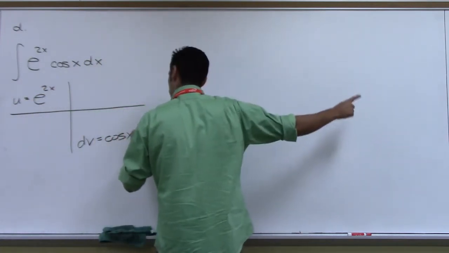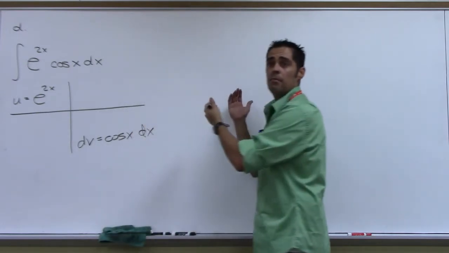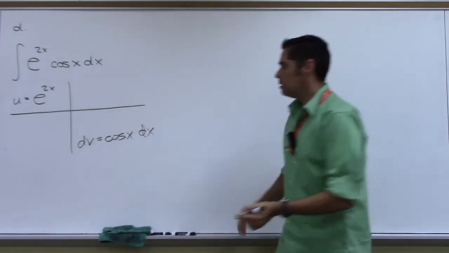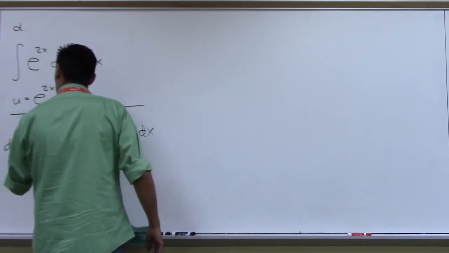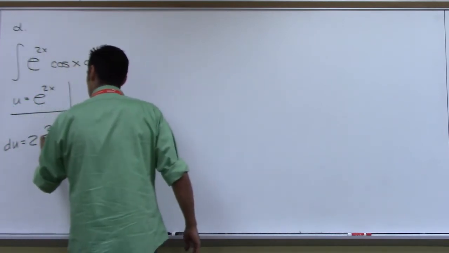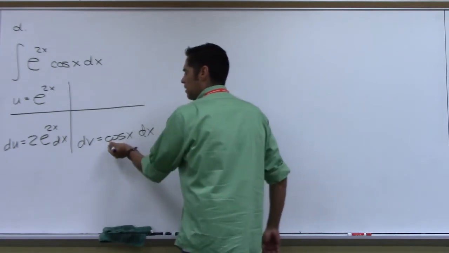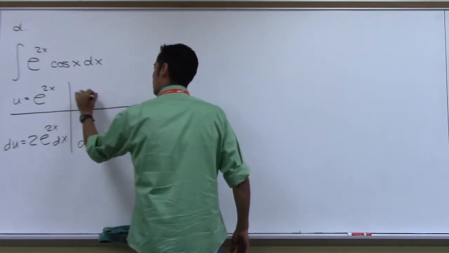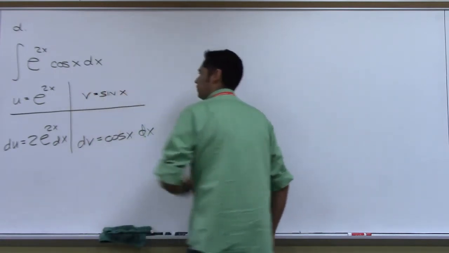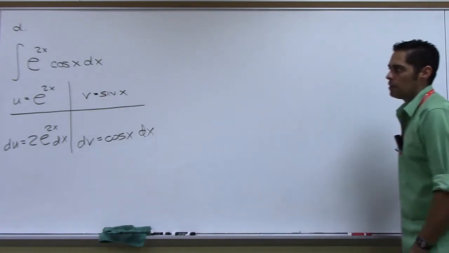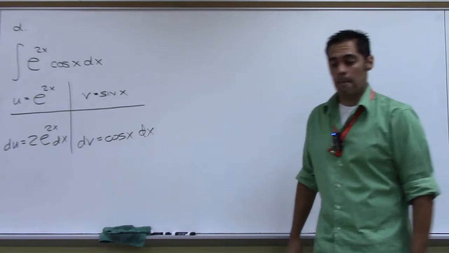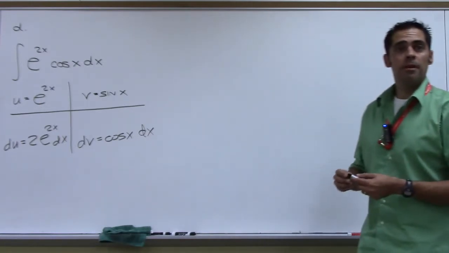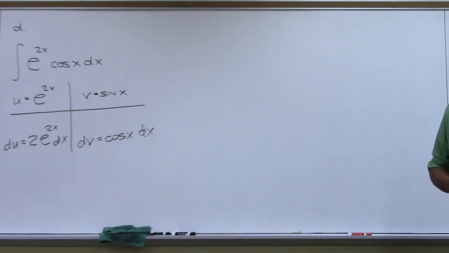We already wrote down what we think this is going to become, and we looked at it and said, I don't know, right? du would be 2e to the 2x dx, and the antiderivative here we said was sine x. No, I was thinking the other way around.